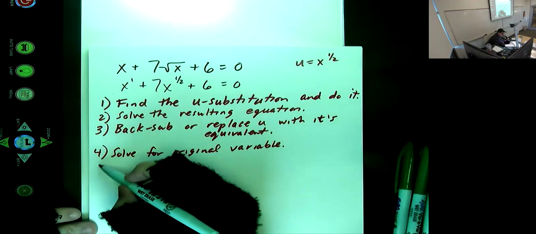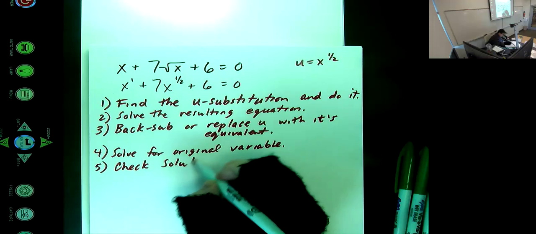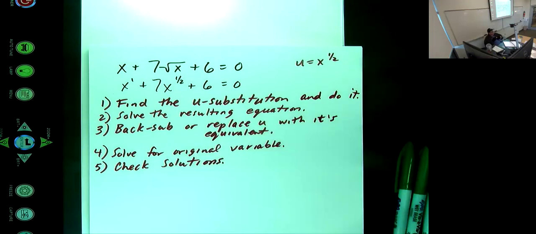And you should check your solutions. I didn't do this on the last one, I should have. Maybe we'll go back and check the solutions on the last one after we finish this problem.